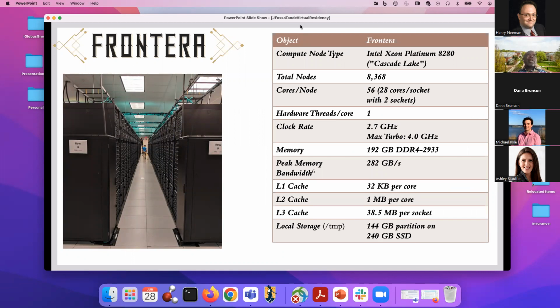Any questions? Do you have some experience with Jetstream or any other system that you would like to share? How do your users appreciate the availability of these resources?